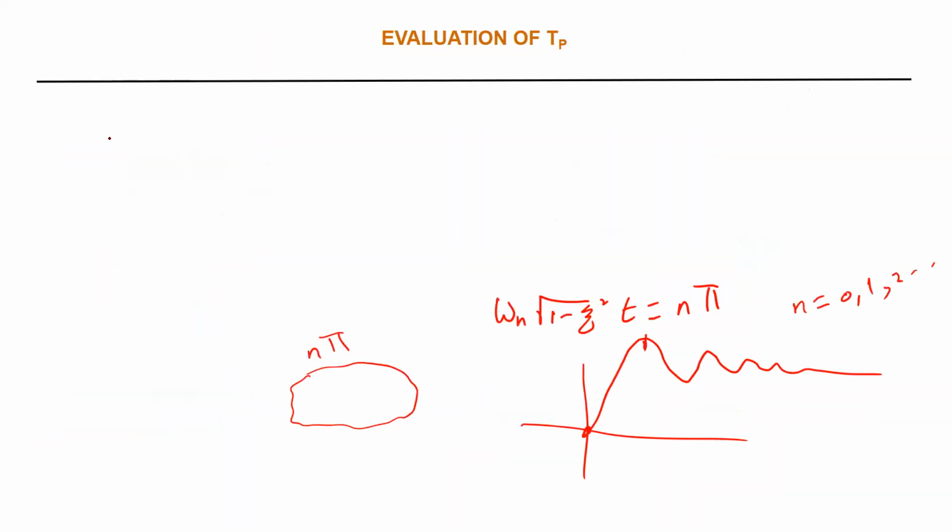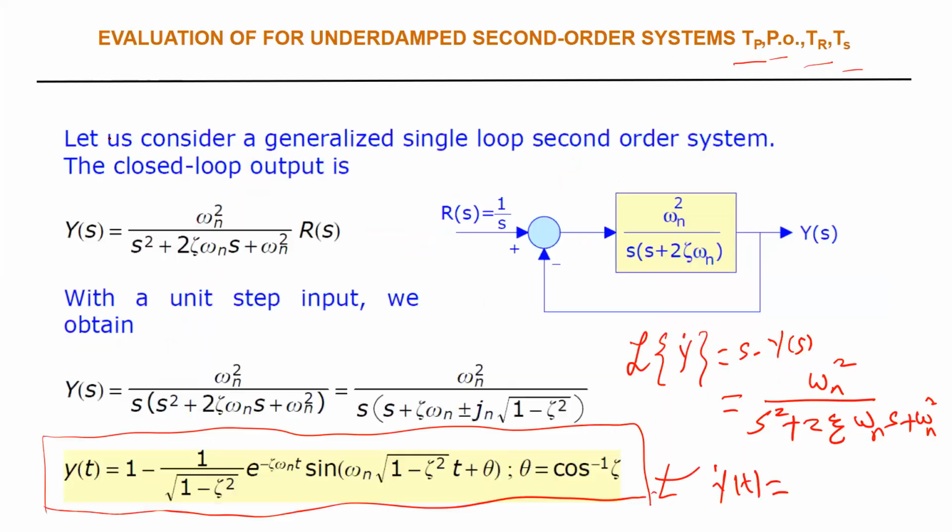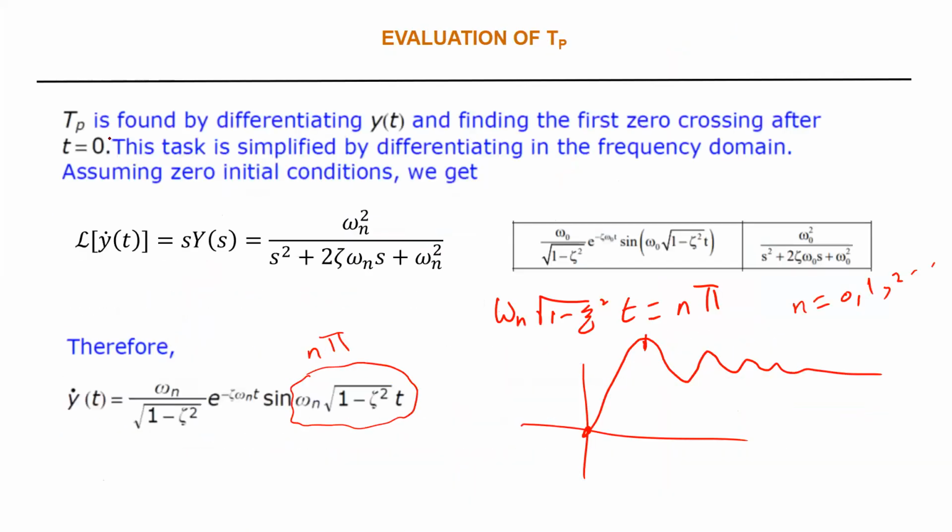Would it increase by the same amount, Doctor? Not necessarily, it depends on the system, of course. But what I'm saying is, the overshoot will be the peak value minus the step size. In this case, the step size is 1, so I'm subtracting from 1.